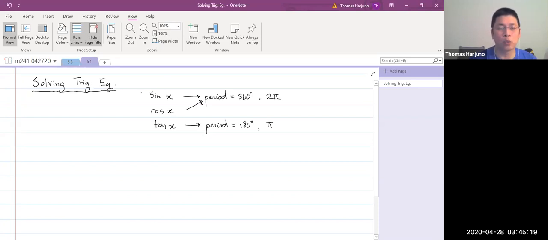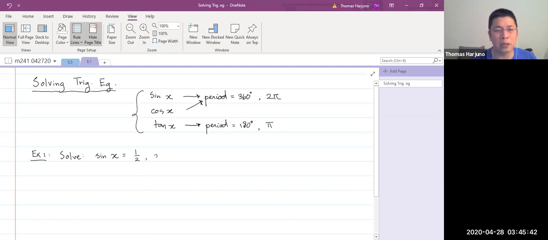Now, that's one of the key ingredients we need to solve our trig equation. Let's say, for example, suppose I want to solve sine x equals to 1/2.